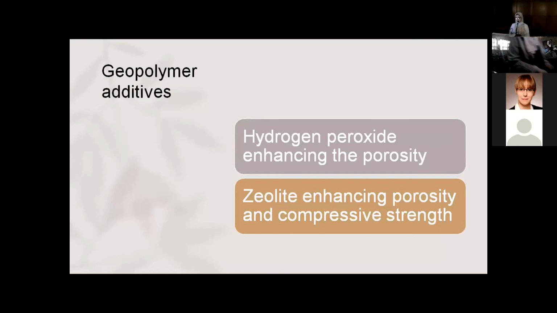Here in membrane preparation, the main additives are hydrogen peroxide, a foaming agent we add to enhance porosity, and zeolite, which has a double effect: it enhances porosity because it has a microporous structure, and it also increases compressive strength if it ends up as fine particles in a small ratio.